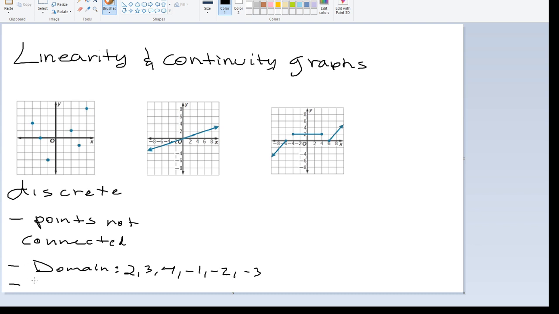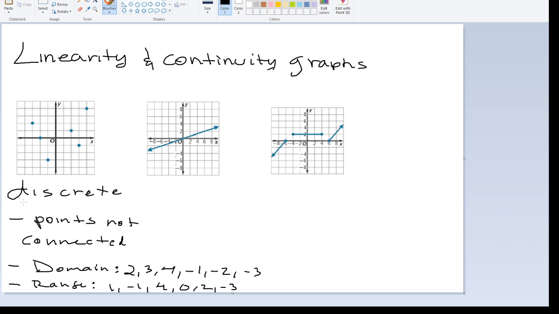When we consider the range values, remember range values are the y values. So I would have 1, 4, -1. So 1, -1, 4. We have 0. We have 2 and -3.